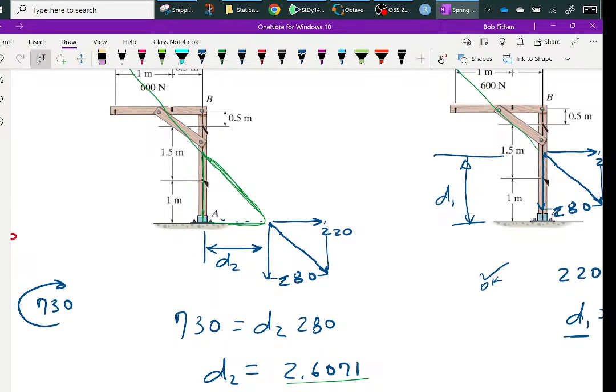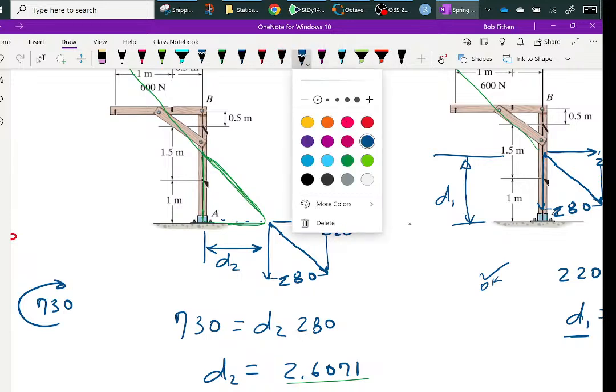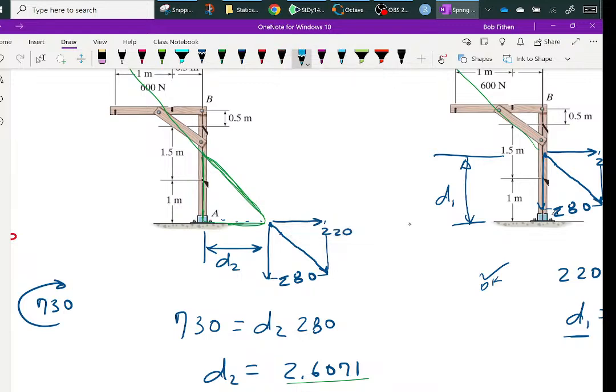I'm going to find the angle here. What is this angle right here? And isn't that angle the same as that angle? And then I'm going to start working the problem.